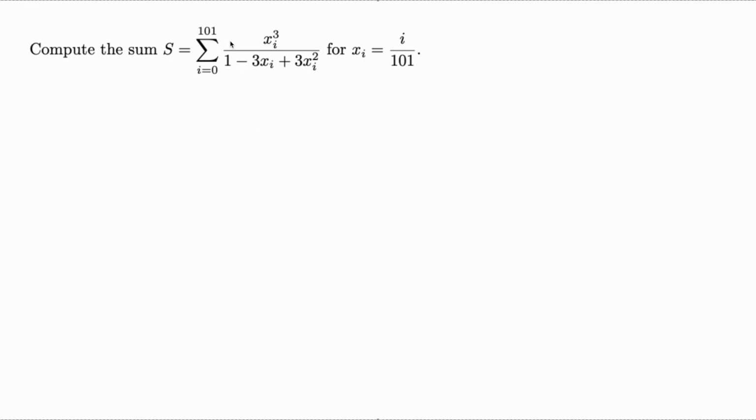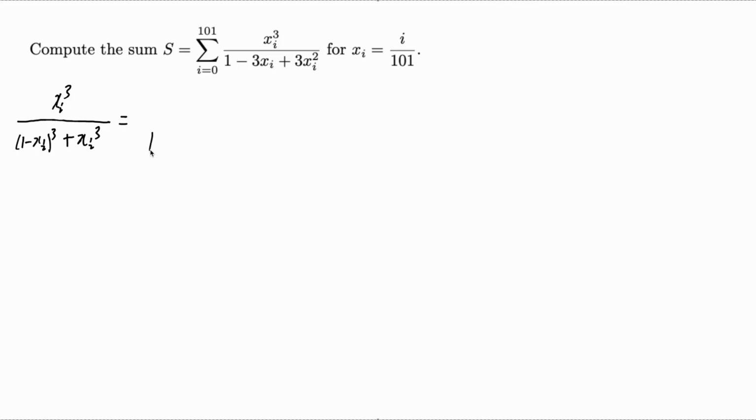So first, after realizing 1, -3, and 3, and then also the exponents, I immediately thought of rewriting it. I can rewrite this as 1 minus x sub i cubed plus x sub i cubed, and then I was quite stuck here, so I substituted this into the expression.